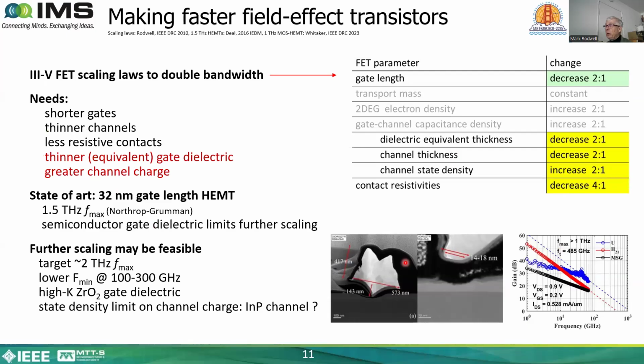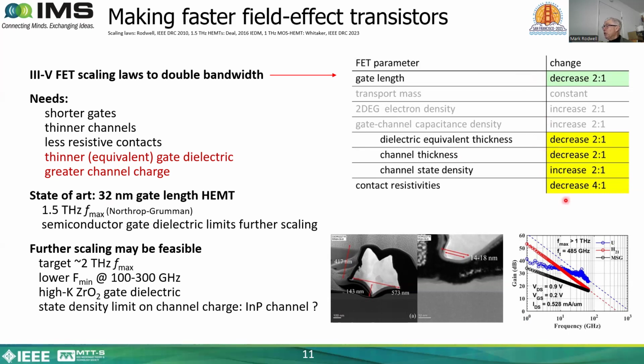In looking at similarly increasing the bandwidth of field effect transistors, the principles again are similar. Each doubling in bandwidth demands that we reduce the gate length by a factor of 2. We must also reduce by a factor of 2 either the thickness of the gate dielectric, or we must double the dielectric constant of the gate dielectric, one or the other.